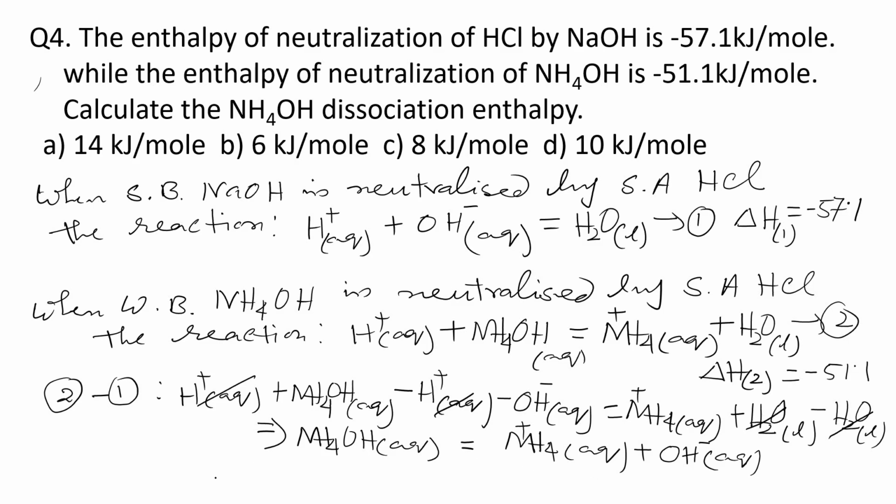So what is the dissociation enthalpy? That means your dissociation enthalpy will be delta H of reaction 2 minus delta H of reaction 1. What is delta H of reaction 2? That is minus 51.1, minus of minus 57.1.